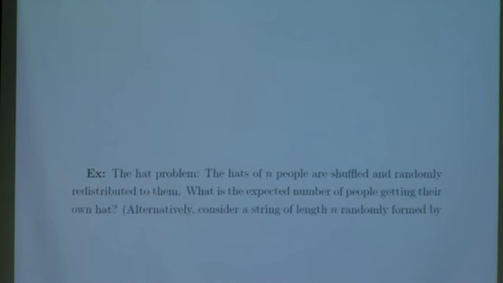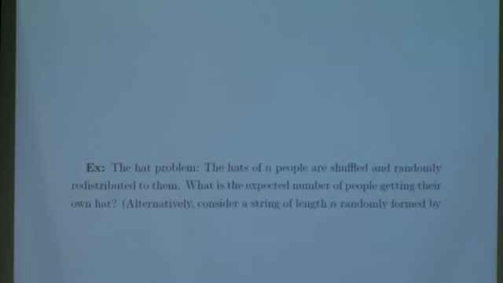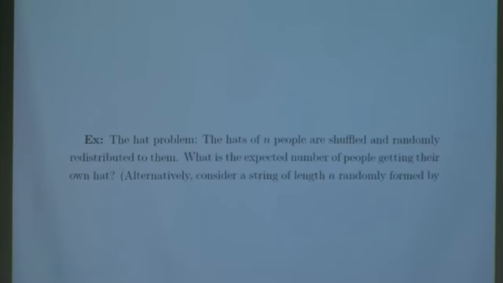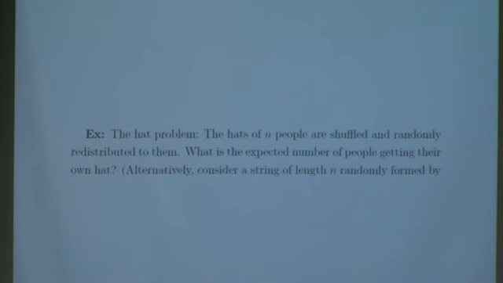The hat problem. Let's revisit the hat problem real quickly. I kind of changed the wording after class. Let's consider this wording, because some people were not happy about exactly what the rules of the game were in the hat problem. So think of the following.